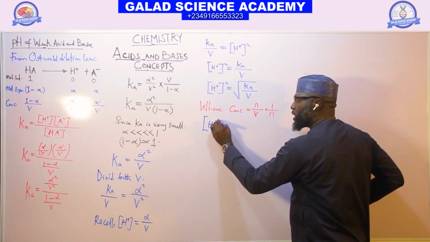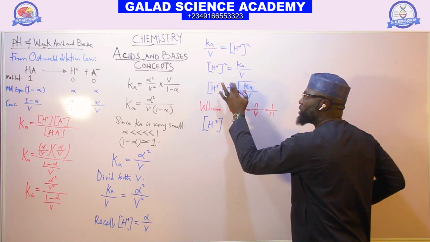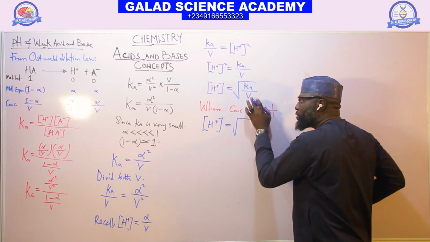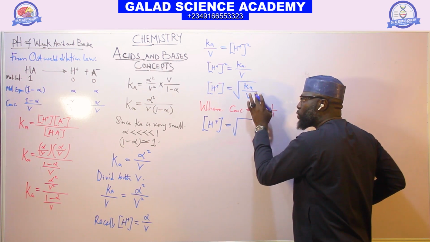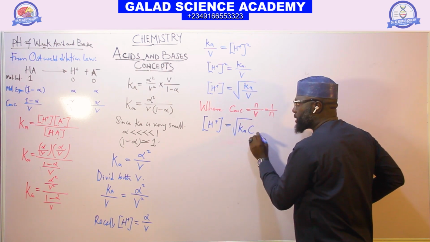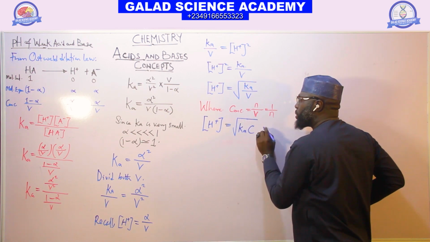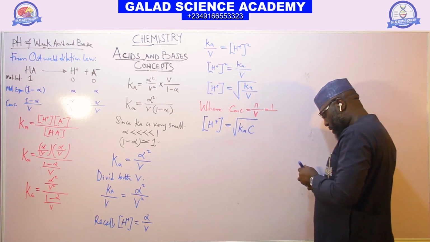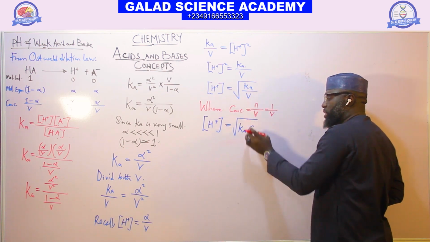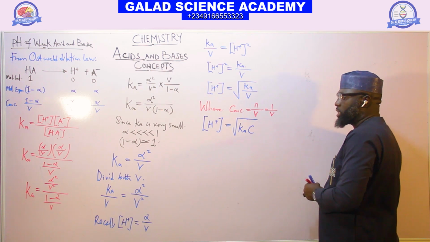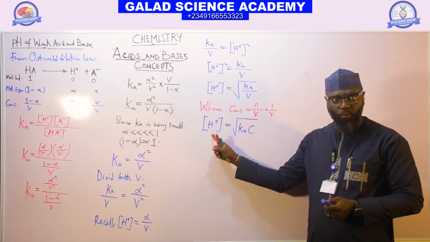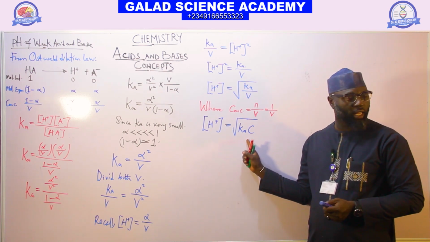The concentration of hydrogen ion, I'll remove this now, will be equal to the square root of Ka C, because the concentration here is 1 over V. Ka C. That is the concentration of hydrogen ion.